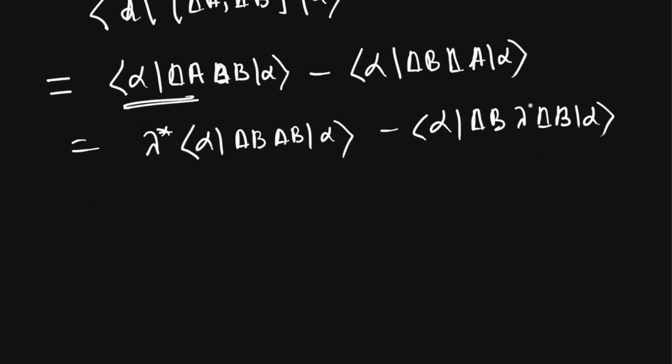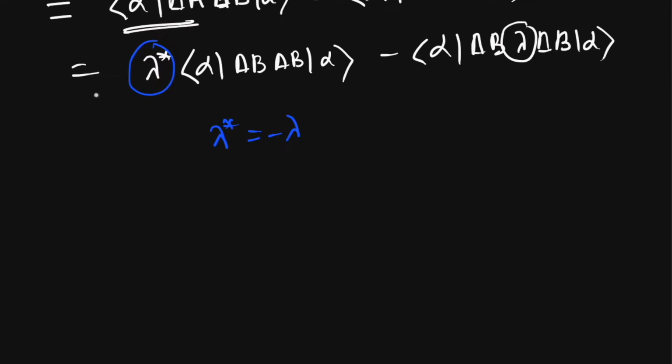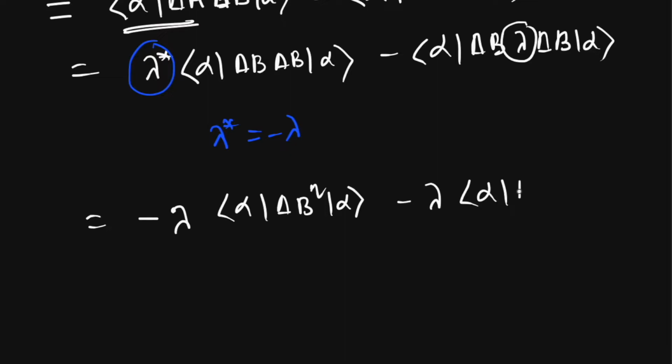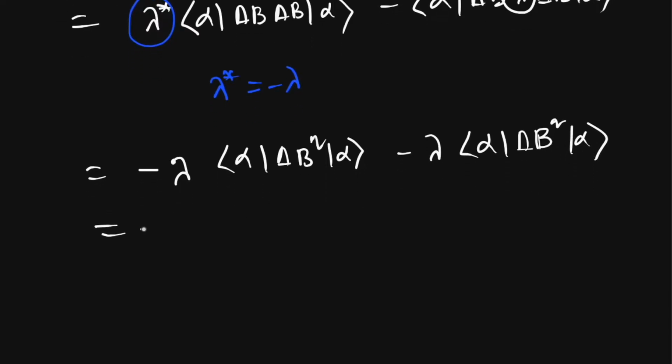Now if lambda is pure imaginary, then lambda star will be minus lambda, so it will be minus lambda alpha delta B squared alpha minus lambda alpha delta B squared alpha. That means minus 2 lambda times the expectation value of delta B squared.